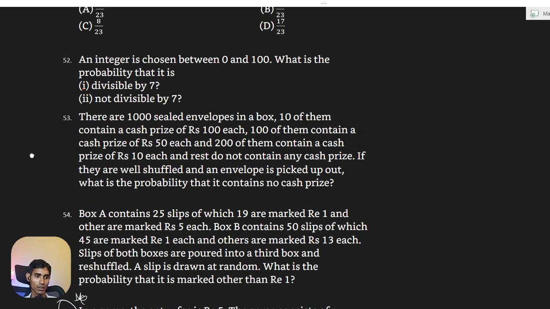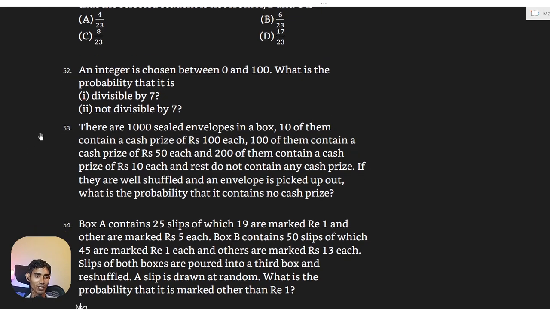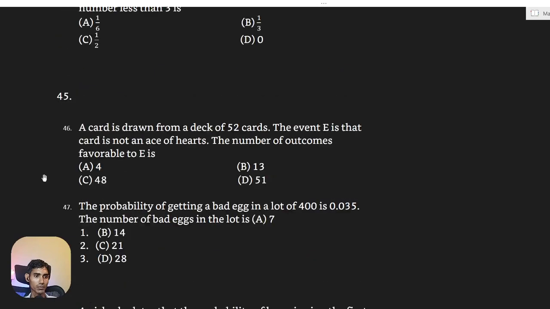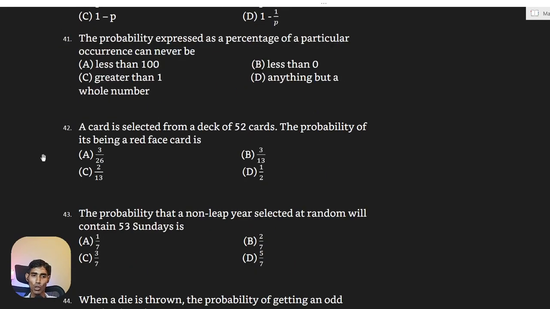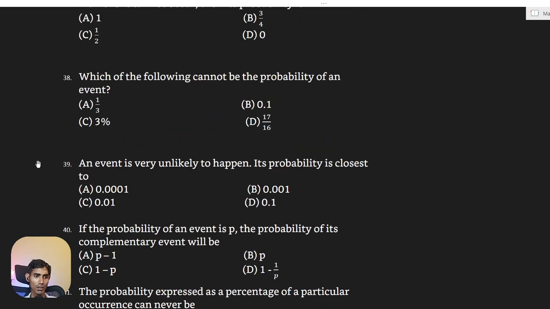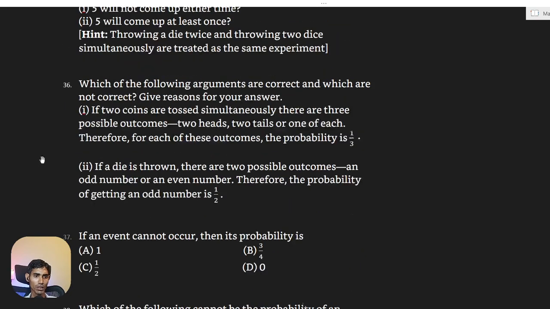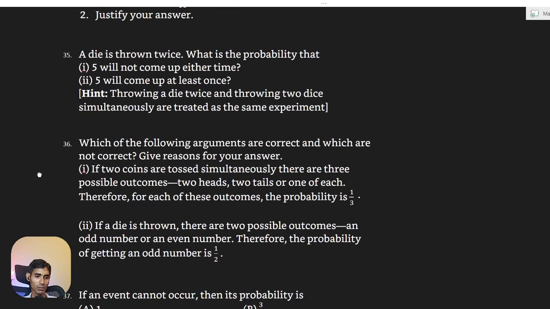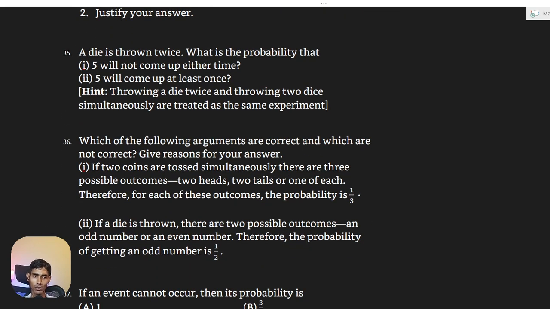So the concept is pretty straightforward, but just be a little careful. Try this worksheet. This worksheet is more than enough for the probability chapter. No need to do even a single question from outside. And if anyone has doubts, ask me some other day, and we are done with probability.